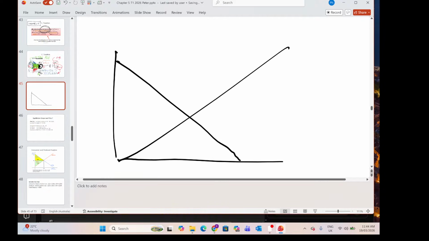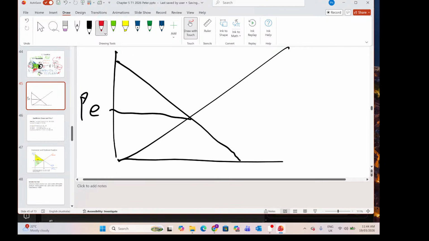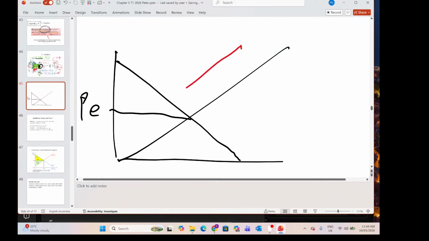Demand, supply, original equilibrium, PE, then a tax imposed, a new price, P1.